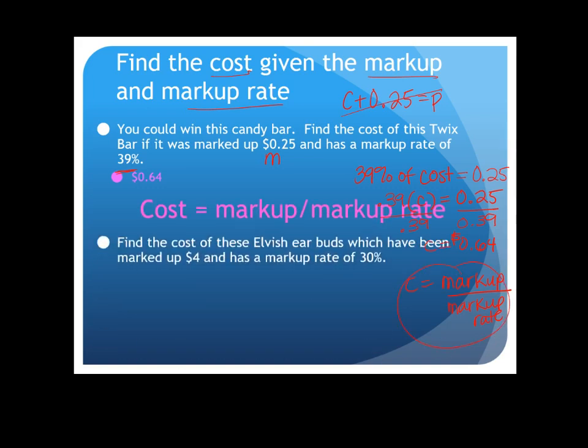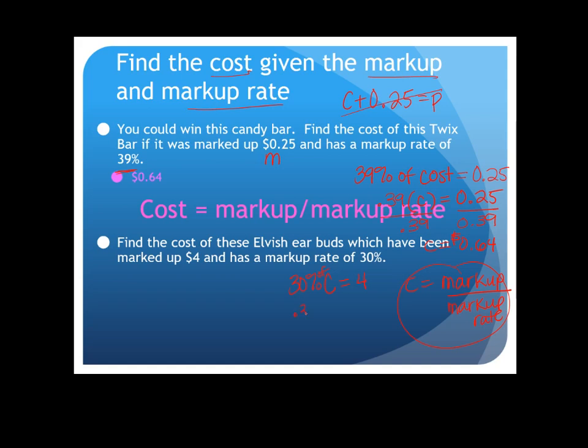Okay, find the cost of these Elvish earbuds, which have been marked up $4 and have a markup rate of 30%. So if it was marked up 30%, I'm saying 30% of some original cost equals the markup amount of $4.